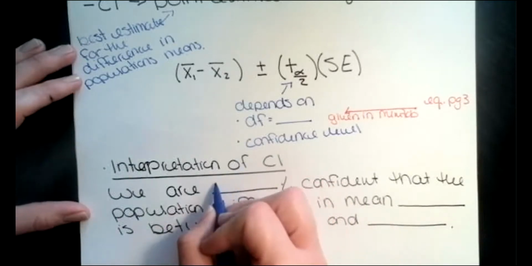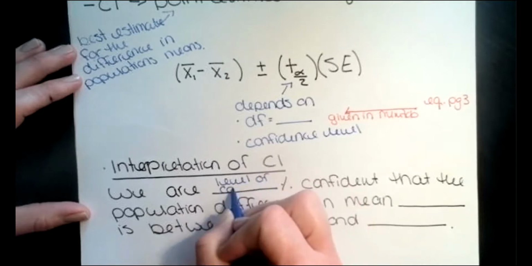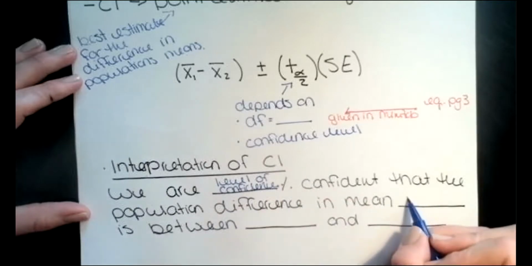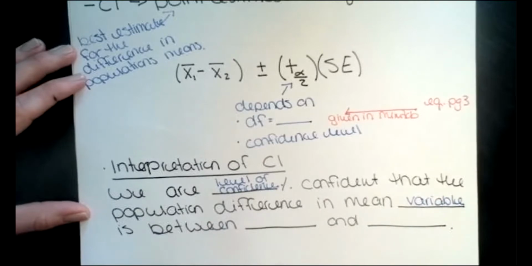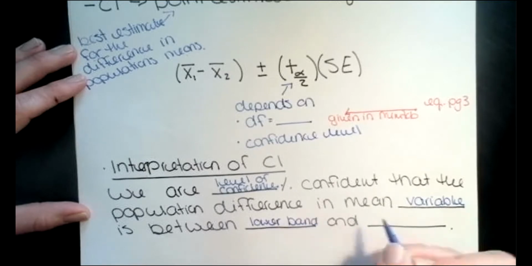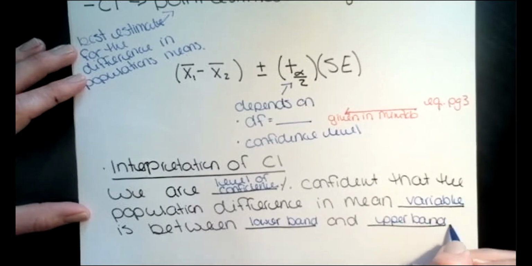So, level of confidence. I don't think that's a surprise. Here, you're going to put in what your variable is. So what you're studying. So what is the mean on? And here, you're going to put your lower bound of your CI and your upper bound, which of course you get from Minitab now.